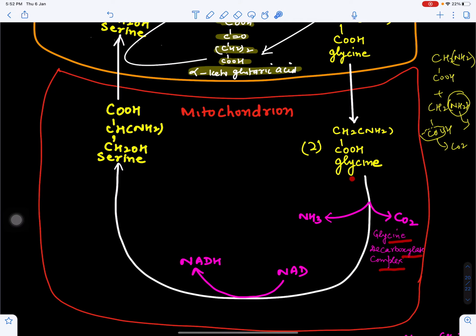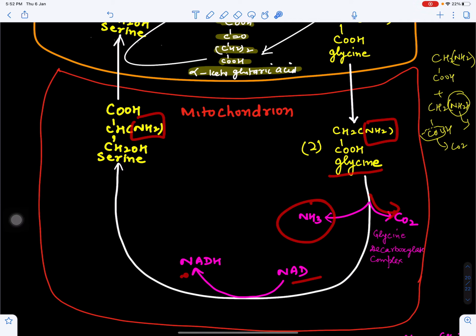Now two molecules of glycine, in the presence of NAD, will get converted, NAD is getting converted to NADH2, and two molecules of glycine will change to one molecule of serine. There are two amino groups in two molecules of glycine, so there is loss of one amino group and one carbon dioxide.